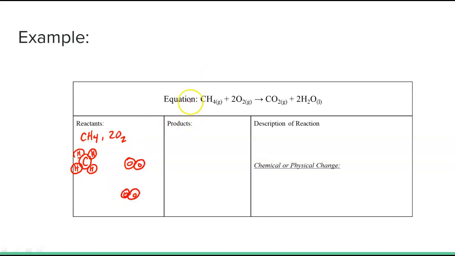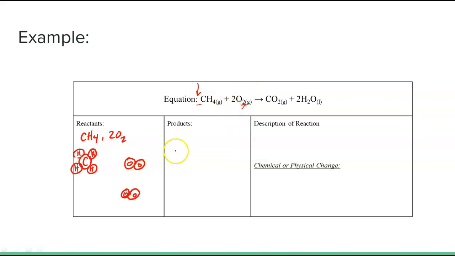So I know that I have just one of these because it is empty. There's nothing there, so we assume 1. I know that I have 1 carbon because I have nothing written here, so I assume 1 with 4 hydrogens.